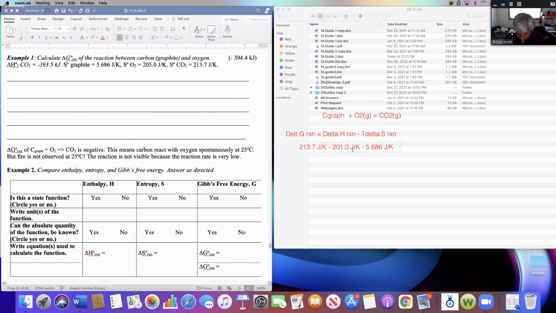I have to convert this. This first thing we're talking about here is delta S reaction. It's bunching up here, sorry folks. This is delta S reaction.